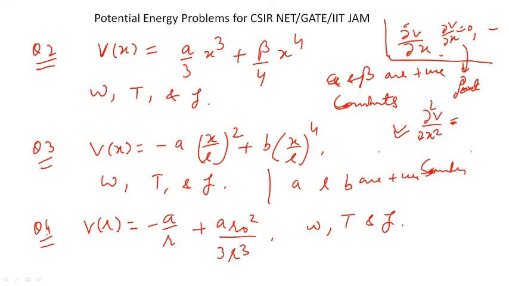If del 2V over del X2 is positive, then it will be a stable equilibrium point. If del 2V over del X2 is negative, then it will be an unstable equilibrium point. For a stable equilibrium point, you can write del 2V over del X2 is equal to K, right, where K is a constant.